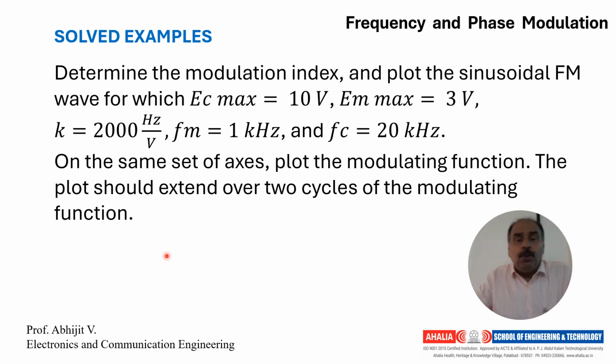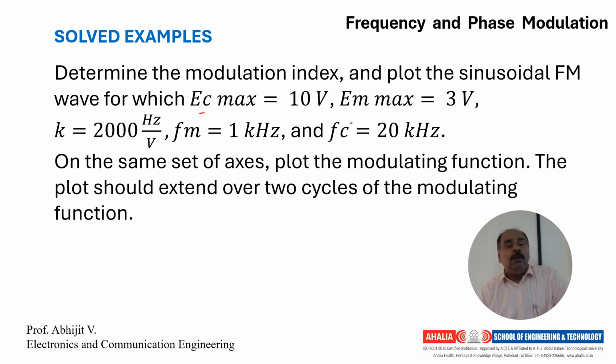Basically different books use different nomenclature, and whenever you have a c as a suffix, it means that it is a carrier wave, and m for the message or the wave which we are going to modulate.